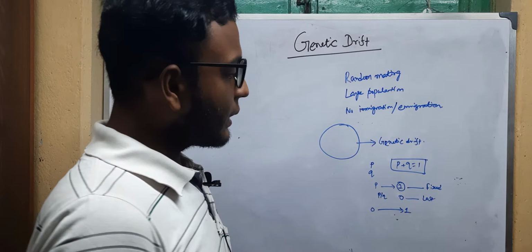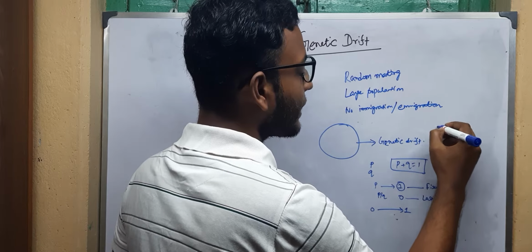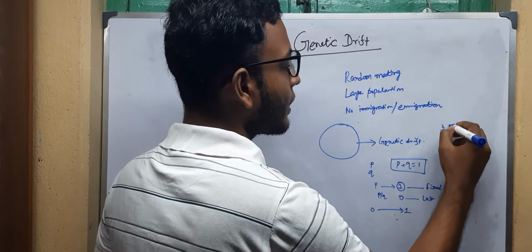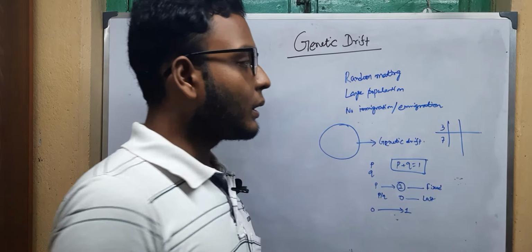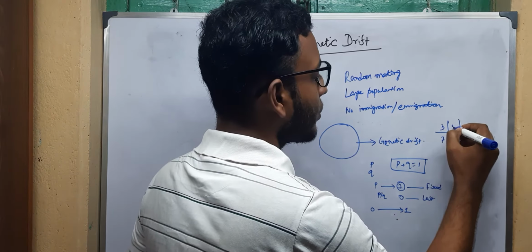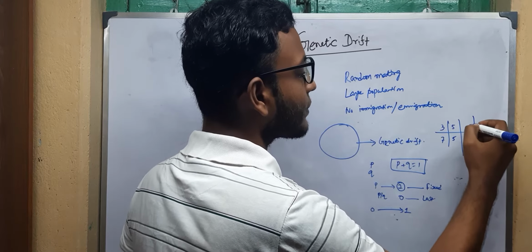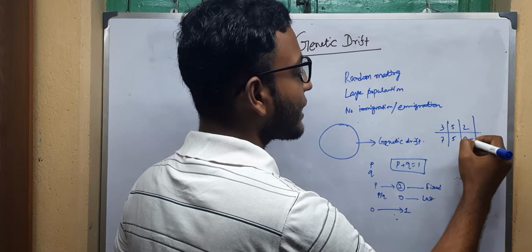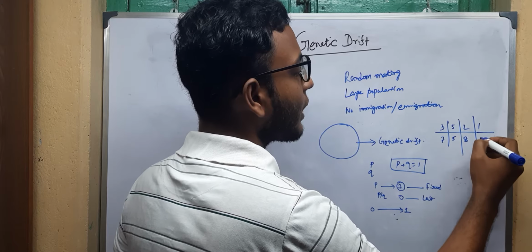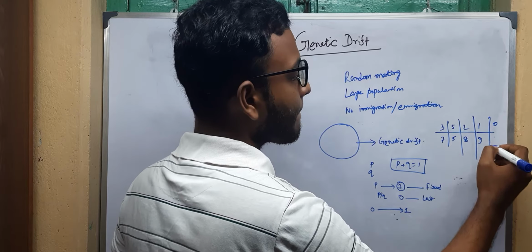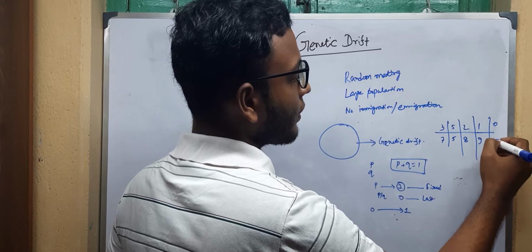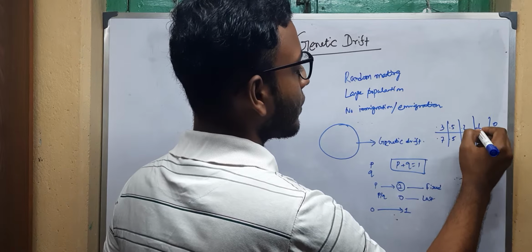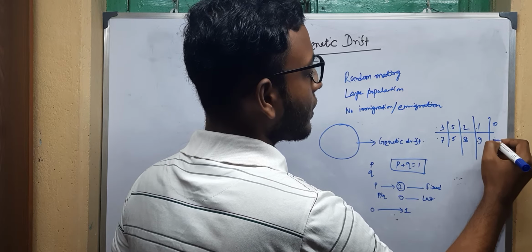Suppose one allele frequency is 0.3 and another is 0.7, and after some time both allele frequencies are 0.5, and in some case after some time one allele frequency is 0.2 and another is 0.8, and in another case 0.1 and 0.9, and then 0 and 1.